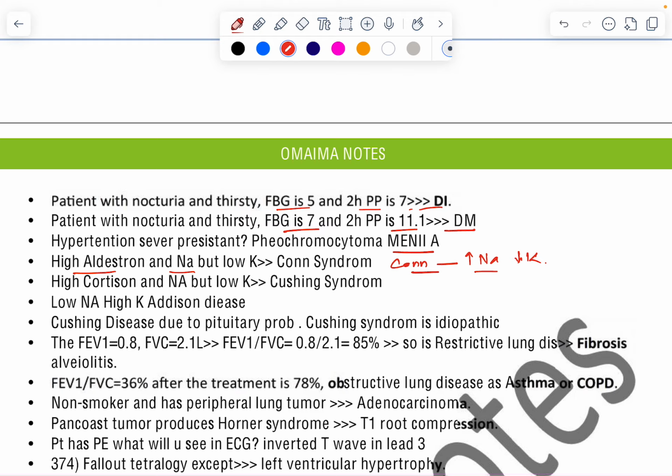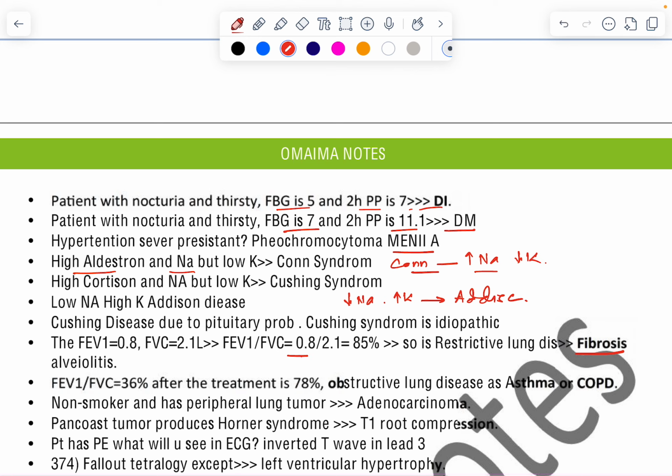Low sodium, high potassium: Addison's disease. Cushing disease is pituitary; Cushing syndrome is general.